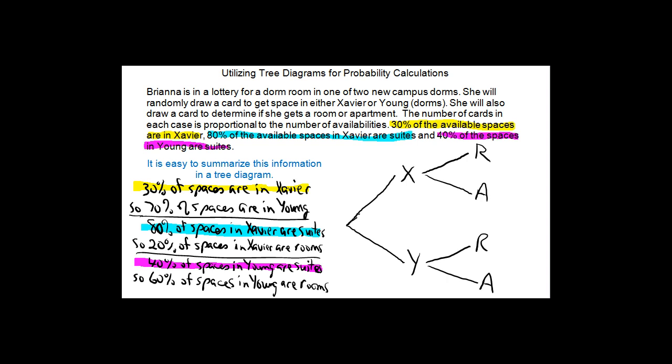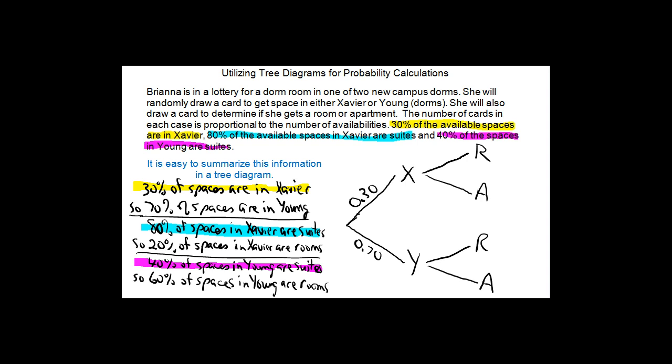So that's the R and the A. So I need to transfer these probabilities into the tree diagram. So if 30% of the rooms are in Xavier, that means the probability of getting Xavier is 0.30, 30%, or just 0.3 if you'd rather. And the probability of getting Young is 70%, 0.7 or 0.70.